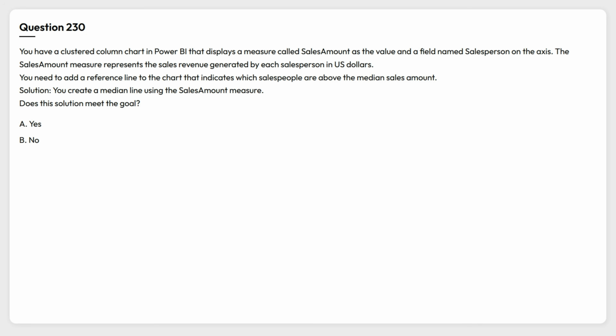You need to add a reference line to the chart that indicates which salespeople are above the median sales amount. Solution: you create a median line using the Sales Amount measure. Does this solution meet the goal?